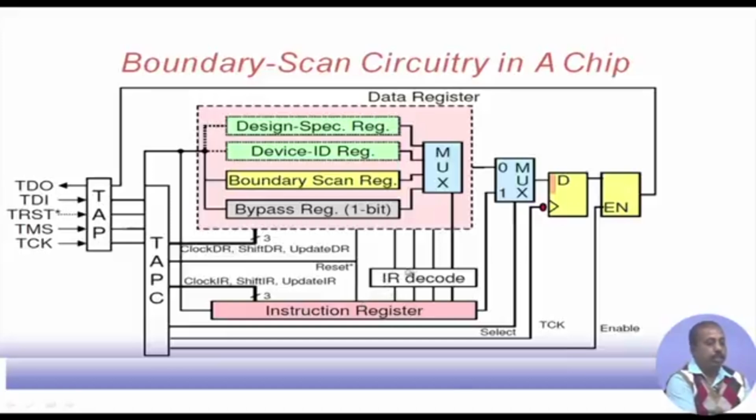It will be decoded accordingly and will control all these data registers and this multiplexer, so that the value will be shifted out to the next stage, either from this multiplexer or from the instruction register. This way the value is passed. Then this is another register where the value may be coming directly from the TAPC, or from this D flip flop.